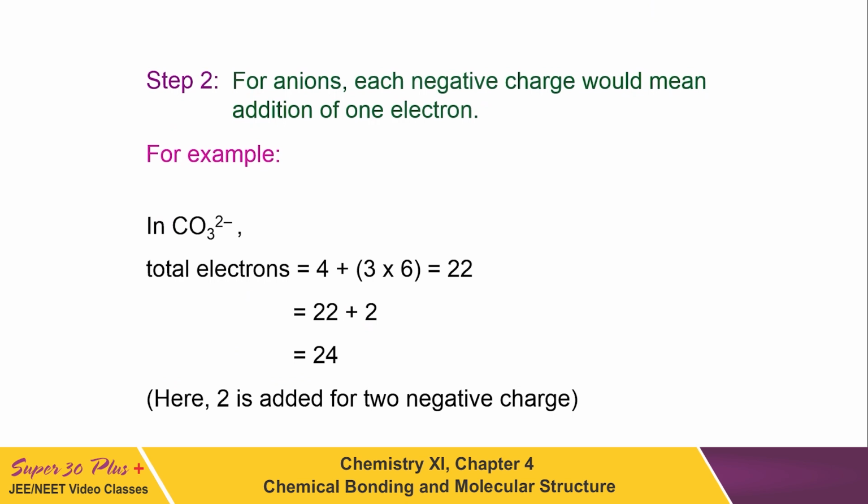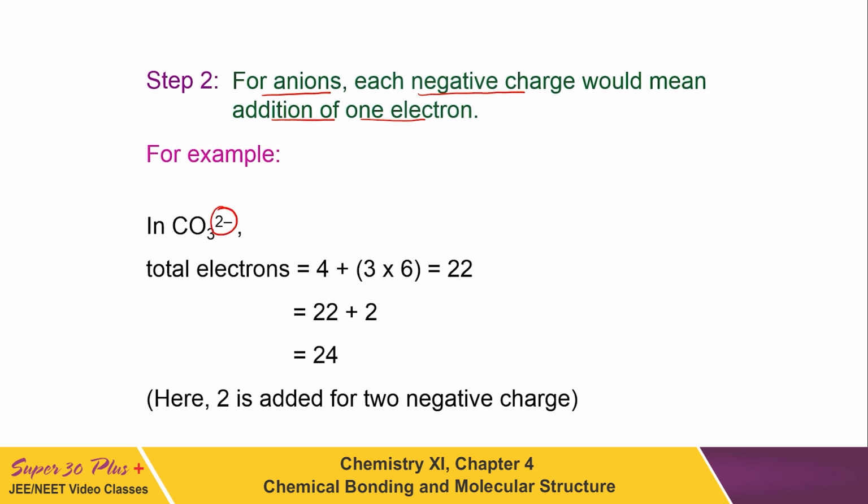Now furthermore, in step 2, if you have a species carrying a negative charge, which means anions, then for any anion, with respect to each negative charge, you have to add 1 electron. Like, for example, in this carbonate ion CO3 2 minus, you can see there is a presence of a minus 2 charge.